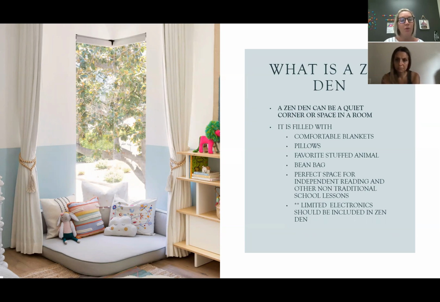And really, when you're in your Zenden, limited electronics should be included. It's really a space that they can go that's a little more comfortable. I've seen parents use the landing of their steps, different corners of rooms, but really a space where they can relax throughout their day.